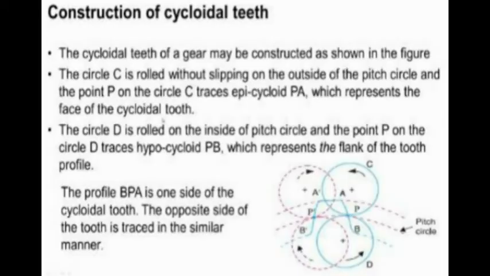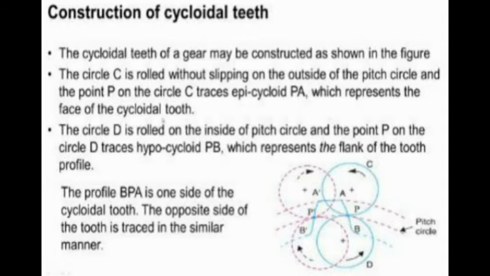Now let us learn how to construct a cycloidal path. You can see here we have a fixed circle known as the pitch circle, and a rolling circle C which rolls on the outside of the pitch circle, and another circle D which rolls inside the pitch circle. The cycloidal teeth of a gear may be constructed as shown in this figure.